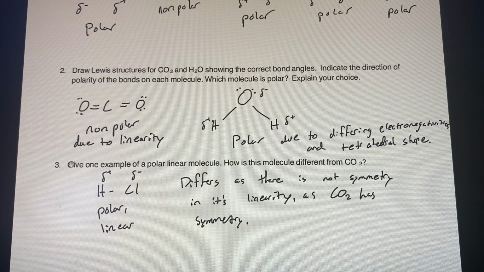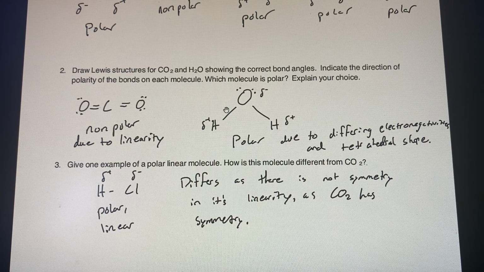We then move down to question 2, which has us drawing the Lewis structures for carbon dioxide and dihydrogen monoxide, and then determining whether they're polar or not. And so we draw out the linear carbon dioxide, and it is non-polar due to linearity. The electronegativities cancel out because it is symmetrical here.